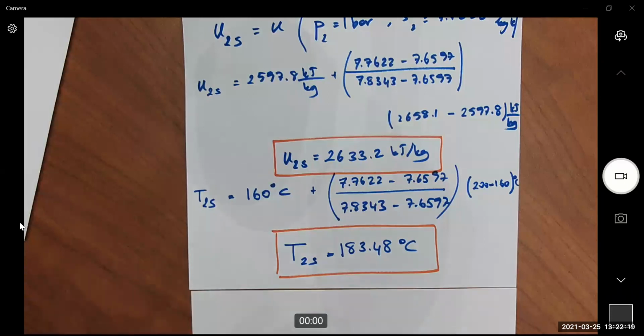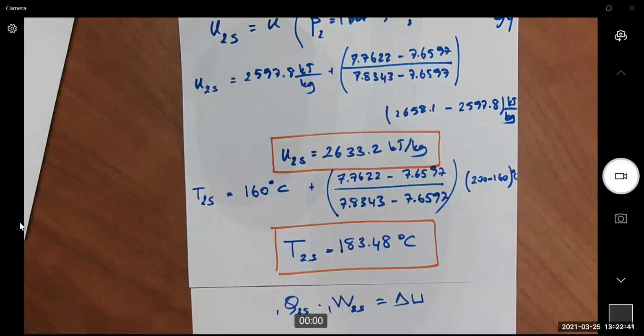Now I can calculate my reversible work. Q from state 1 to state 2 minus work from state 1 to state 2 reversible equals m times the change in internal energy. The system being adiabatic doesn't change.